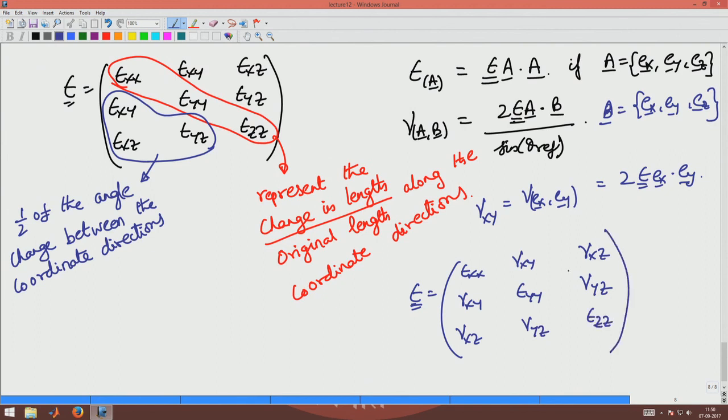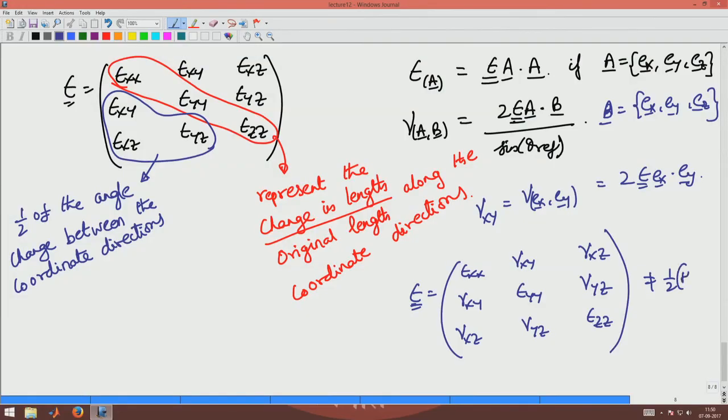Where this is not a tensor any longer, because it does not come from proper tensor calculus or tensor algebra. This is not equal to 1/2 H plus H transpose like what we defined. This is not a second order tensor, so the transformation rules for this will be different. We did not want to take that approach, and hence we are defining strain as a second order tensor, with 1/2 of gradient of u plus gradient of u transpose.